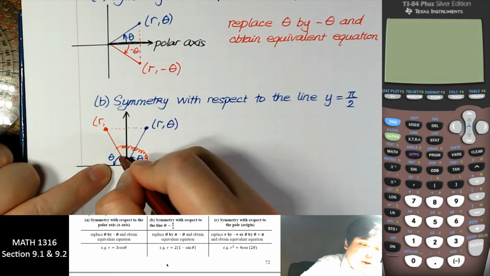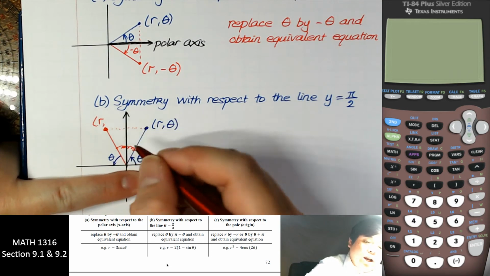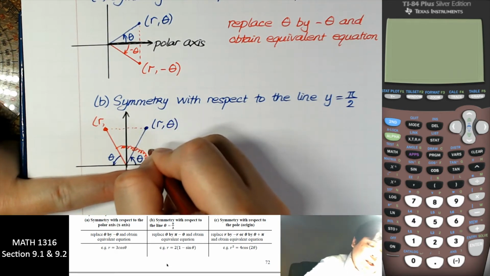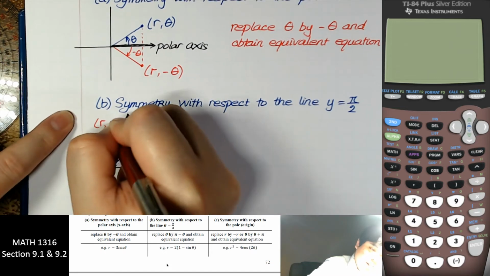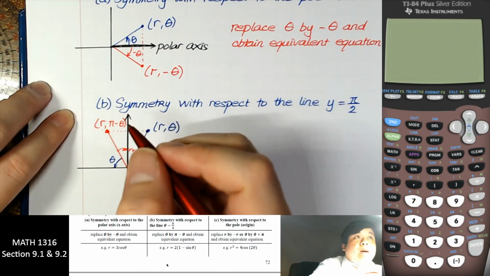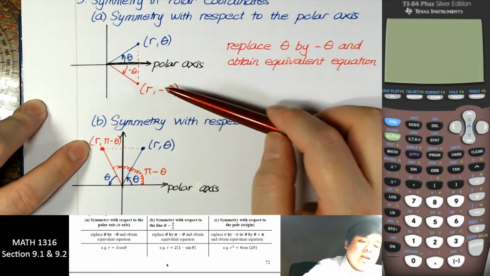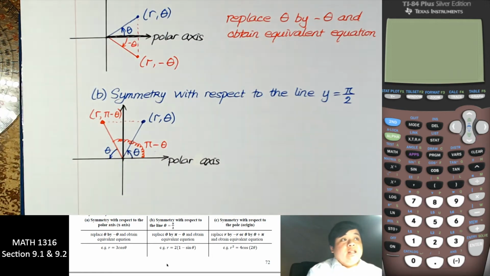From here to here is theta and the whole line is 180 degrees or pi, so this is going to be pi minus theta, the supplement.